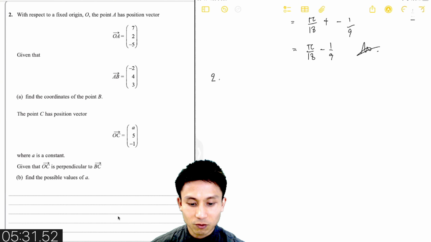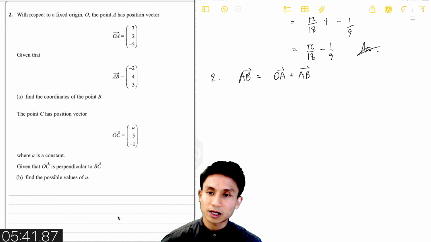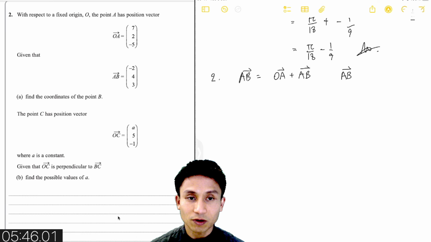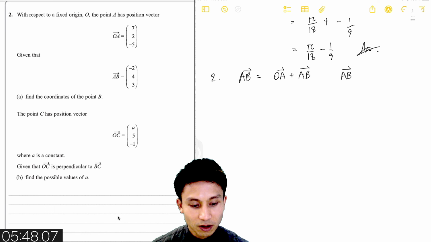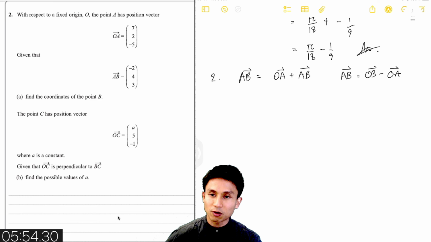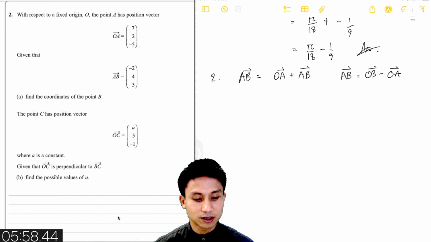You can say that AB is basically OA plus AB, or you can use something like, to find the relative vector AB, we can do OB minus OA. It's just playing around with the algebra of the vector equation there. Either one seems fine.